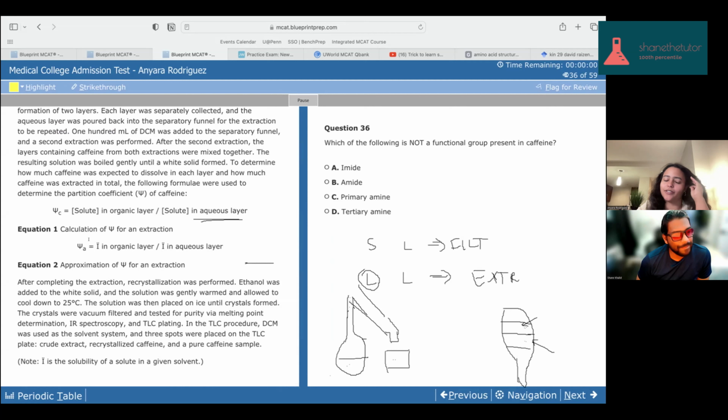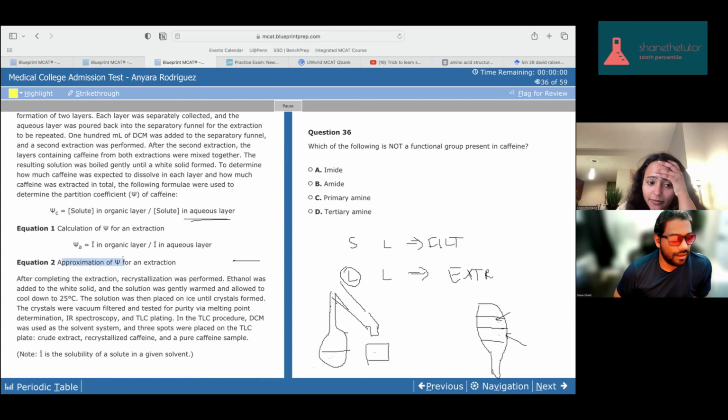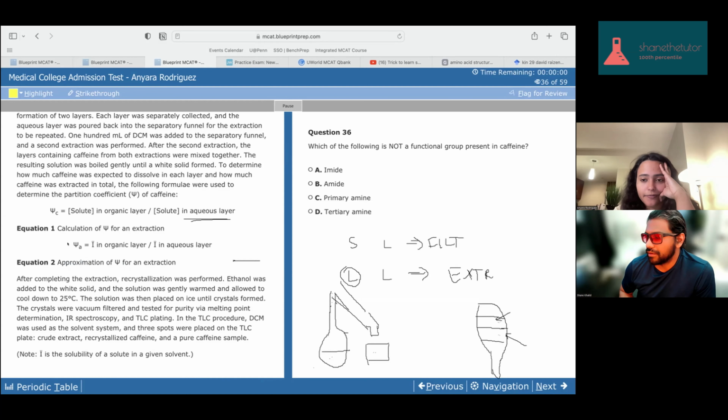This is reminding me sort of like expected yield versus actual yield. It's an approximation. I think the theoretical is what you should be getting, and then actual is what you get when you do the experiment.